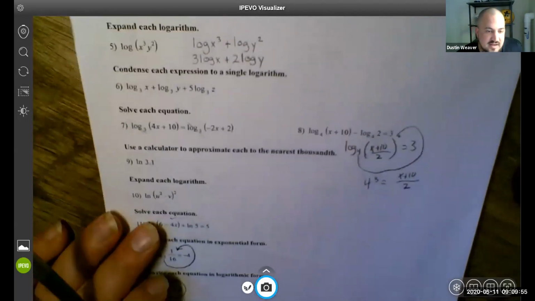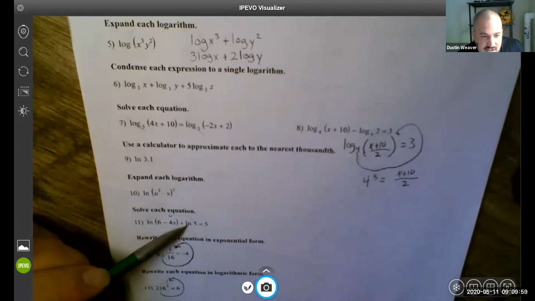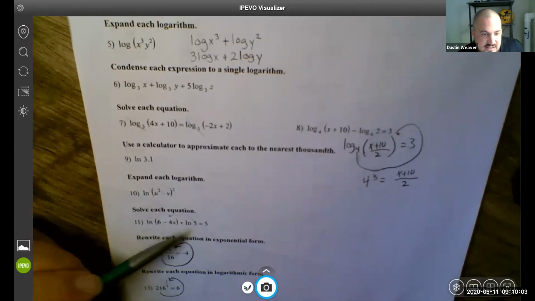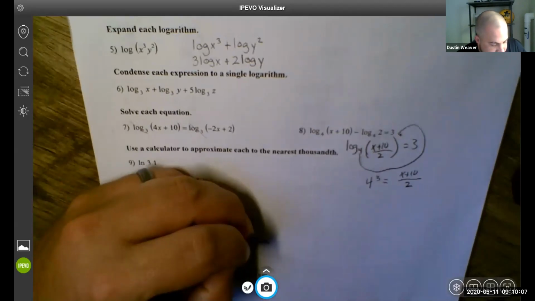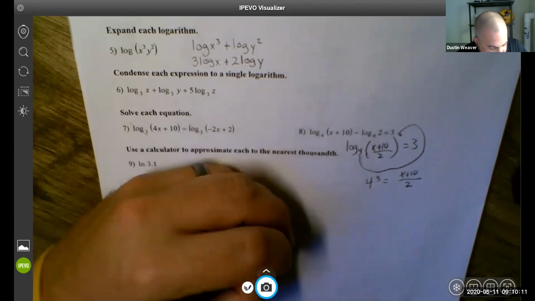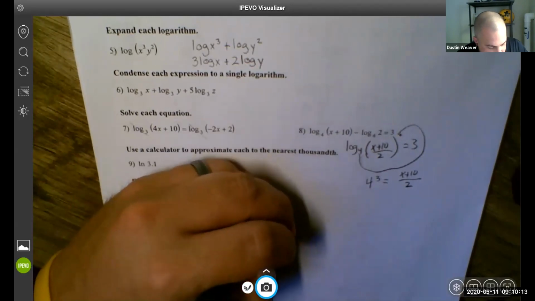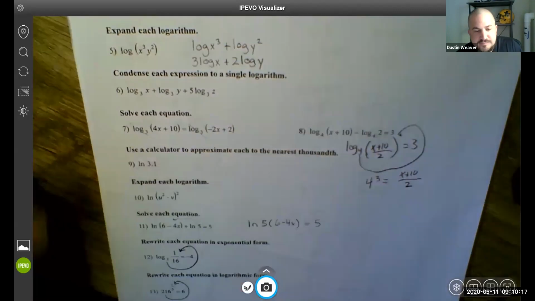Okay, number 11. Somebody asked for number 11. All right, so I would write, it's addition, so I'm wanting to solve it. So in addition, I want to condense it to just one ln. So it's going to be ln of, and I want to do 5 times 6 minus 4x equals 5. Okay?